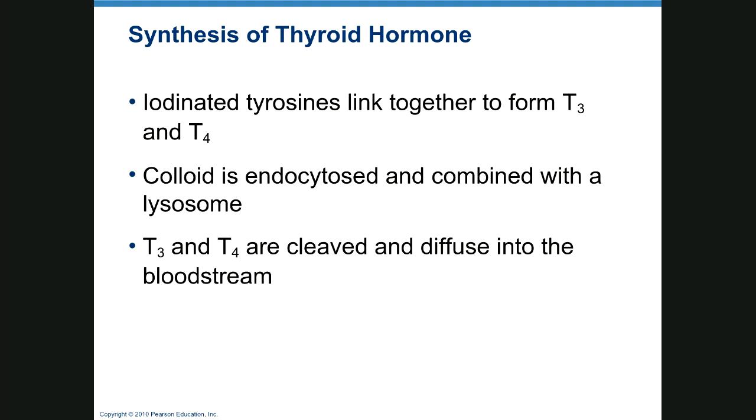Iodinated tyrosines link together to form T3 and T4. Colloid is endocytosed, combined with the lysosome, and T3 and T4 are cleaved off of the original source and diffuse into the bloodstream.